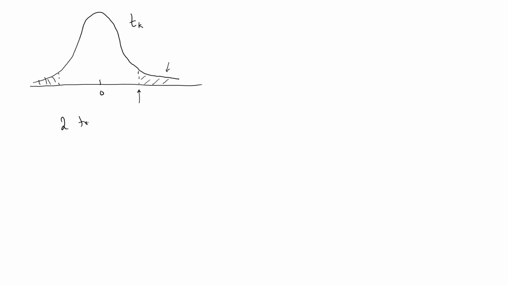So for example, if I have two tails and I want them to have 5% in total, 95% in the middle, then I can write this as follows. I want the probability of the absolute value of the t random variable to be greater than t.